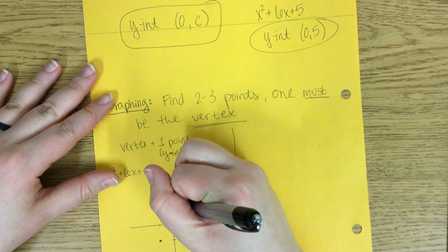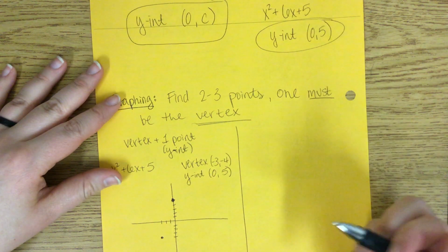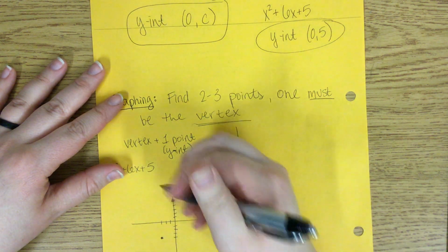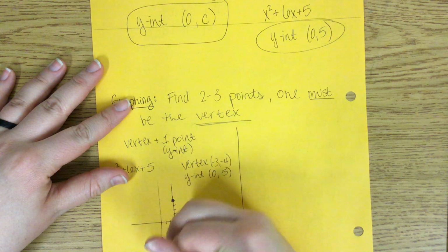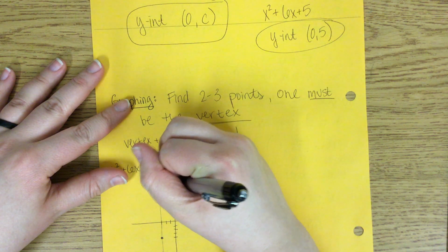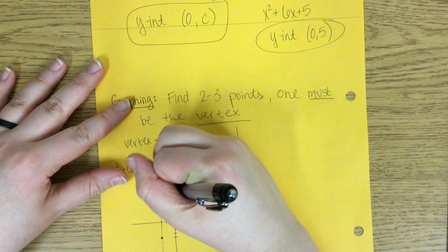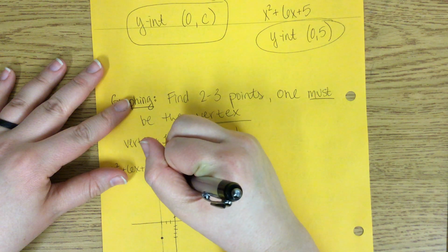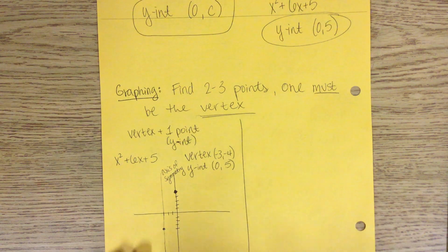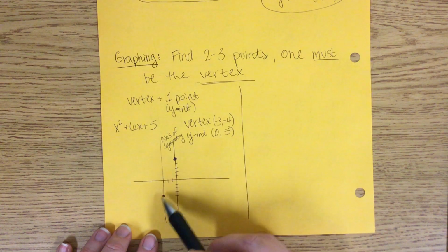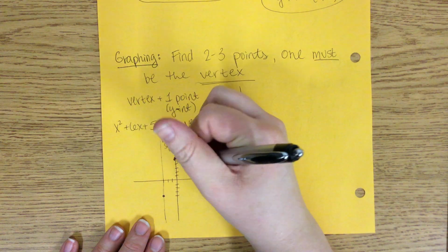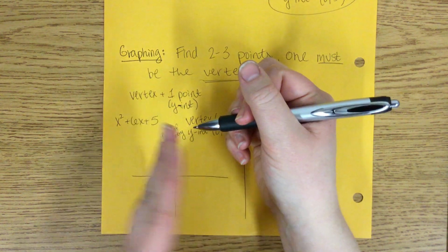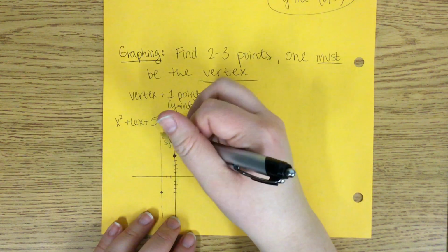So I know my y-intercept is up here. My vertex is also the point where the graph is perfectly symmetrical. This is called the axis of symmetry. And since my graph is perfectly symmetrical, it makes a really nice curve on either side. I know that this point should be reflected across this line.